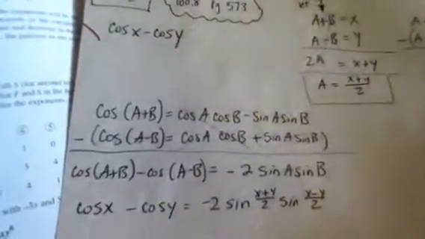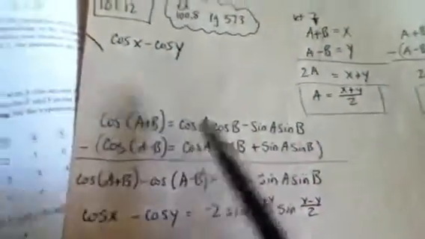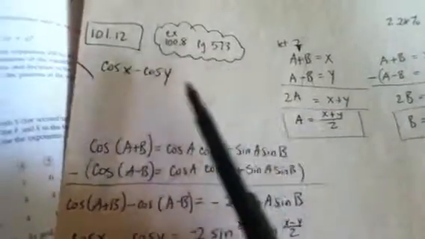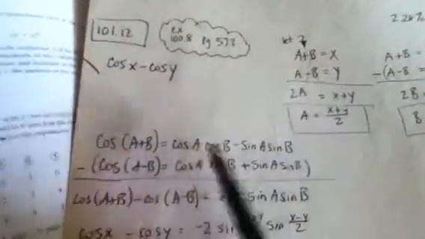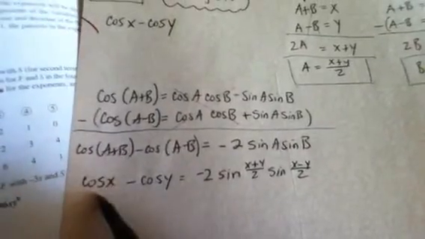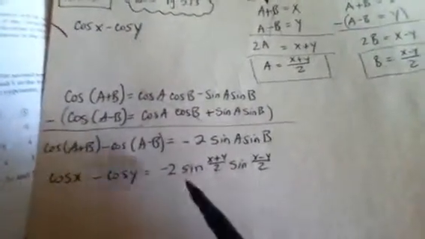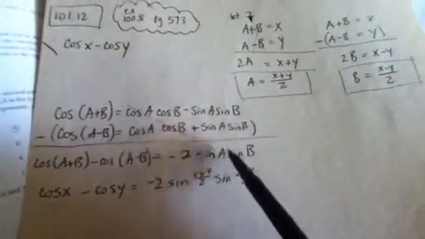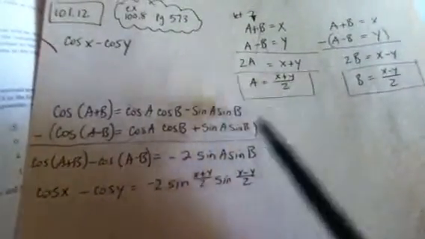And then if you plug in, remember we said let x equal a plus b, so just plug in x and plug in y, because we said let y equal a minus b. Plug that in there. And then remember we said a was x plus y over 2 and b was x minus y over 2. And that's how you do it.